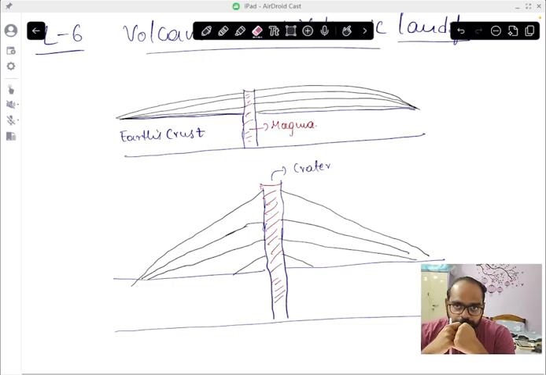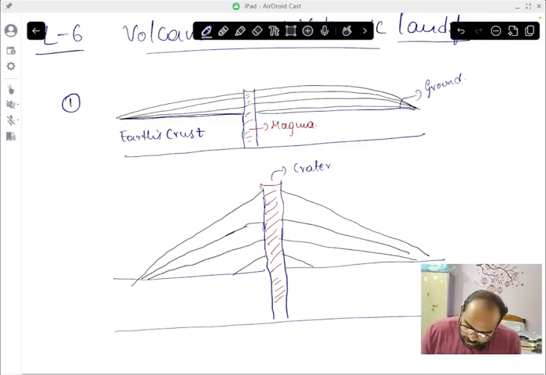We have talked about lava. The molten material inside the earth is called magma; once it comes into contact with the ground, we call it lava. This lava is of two types. Here we can see the earth's crust, which is the ground, and this is the asthenosphere.